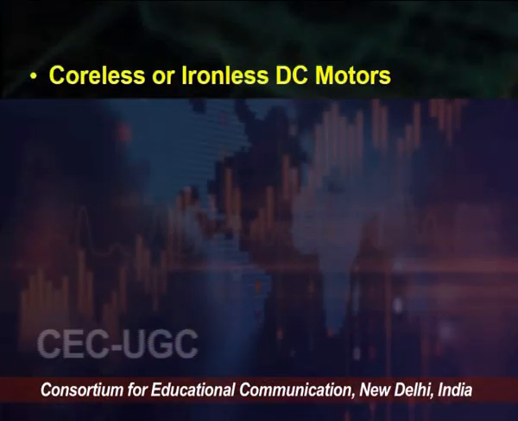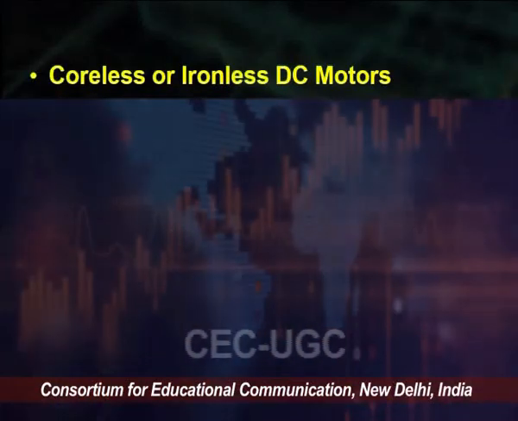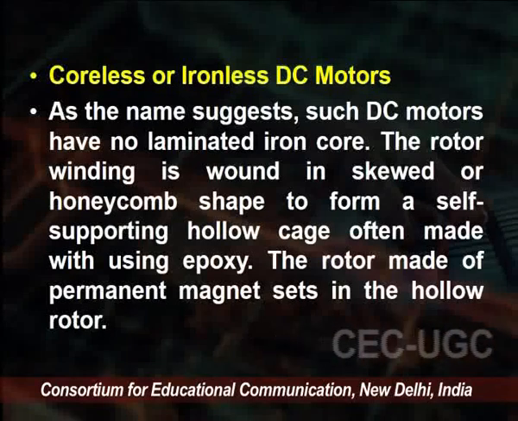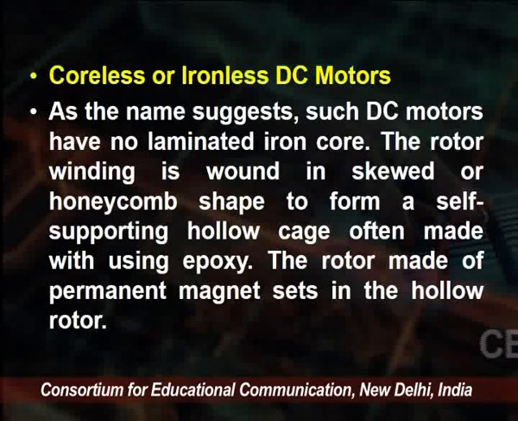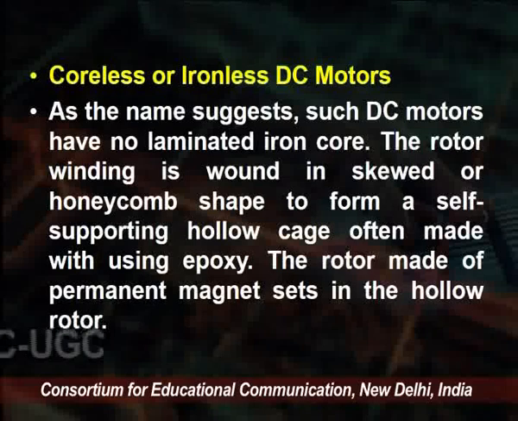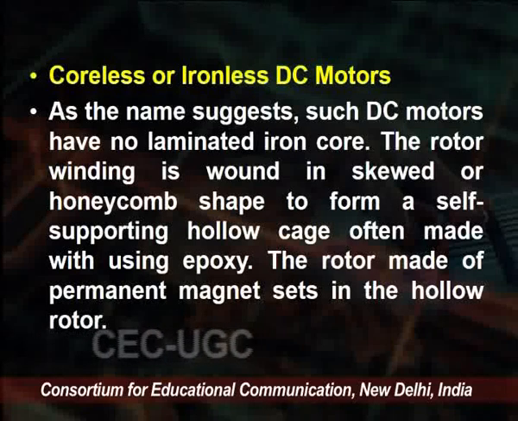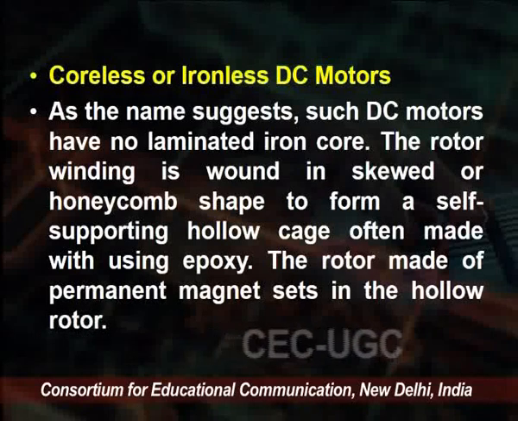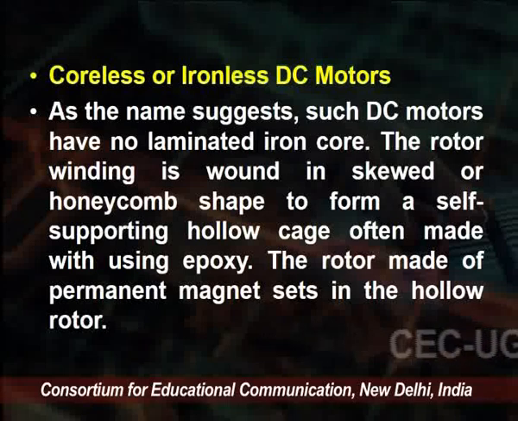And the next type of motor is the coreless or ironless DC motor. In this type of motor, as the name suggests, such DC motors have no laminated iron core. That's why it is an ironless or coreless DC motor.